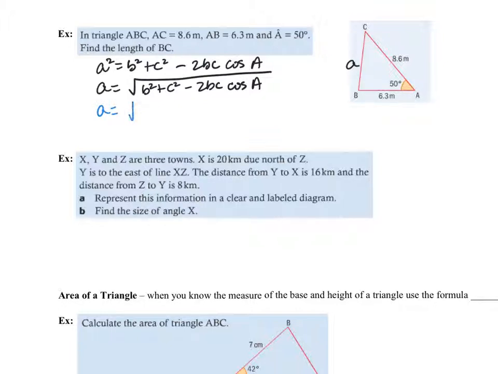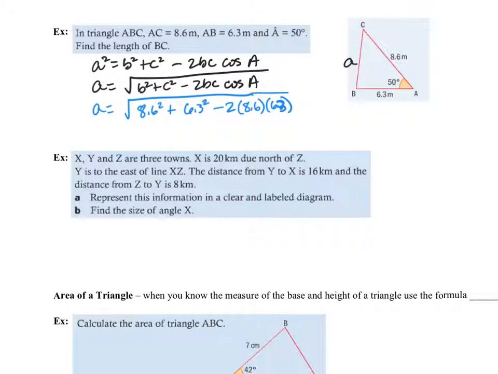So a would be equal to the square root of little b squared. Well, little b squared is the side opposite angle B, so that's 8.6 squared, plus little c squared, which is 6.3 squared, the side opposite angle C, minus 2 times b times c, which is 6.3, and then times the cosine of angle A, which is a 50-degree angle.